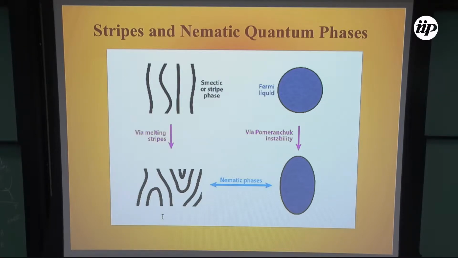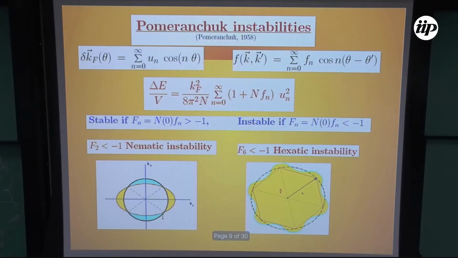Okay. So, what is a Pomeranchuk instability? This is an old issue, from Pomeranchuk in the 50s. This has to do with Landau theory of Fermi liquids. The point is that we begin with some Fermi surface and you deform this Fermi surface.